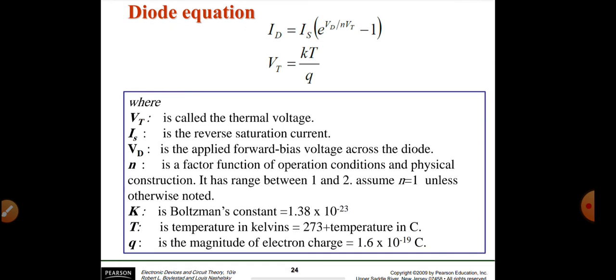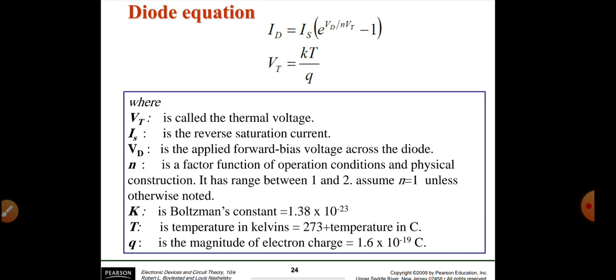Id is equal to Is in bracket e raised to Vd by eta Vt, minus 1, where Vt is equal to kT by q. We know that k is the Boltzmann constant, 1.38 into 10 raised to minus 23.